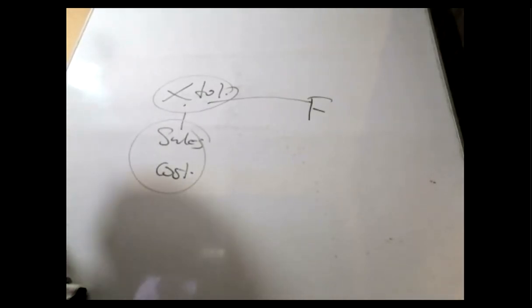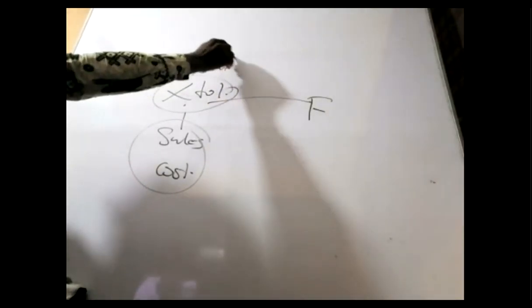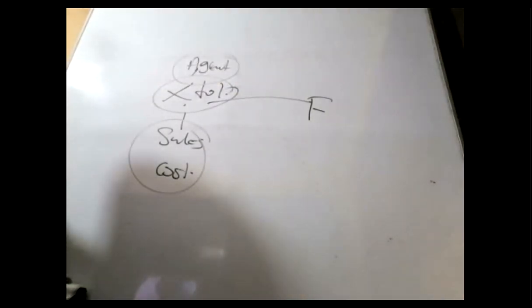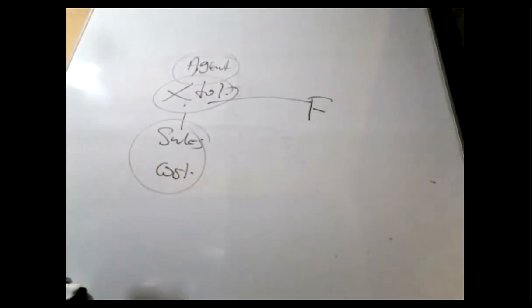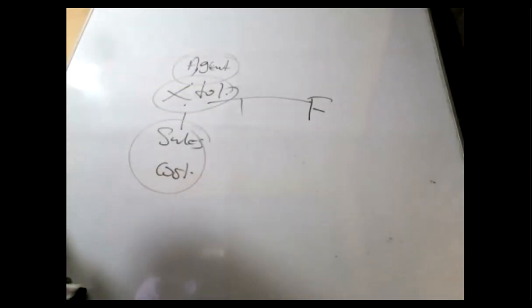Why? Because Extol is acting as what? Agent. In agent sales, you only record your commission, the 10% commission. That is all. So it's the commission that you need to record as revenue.